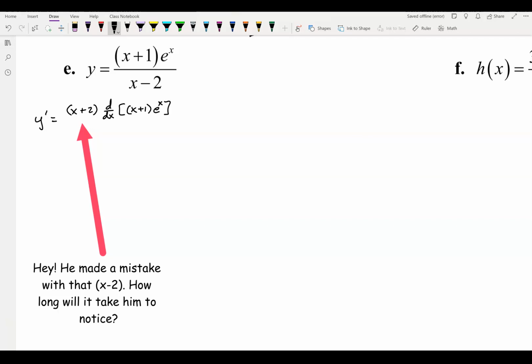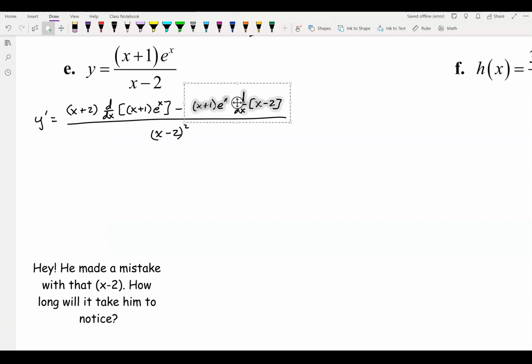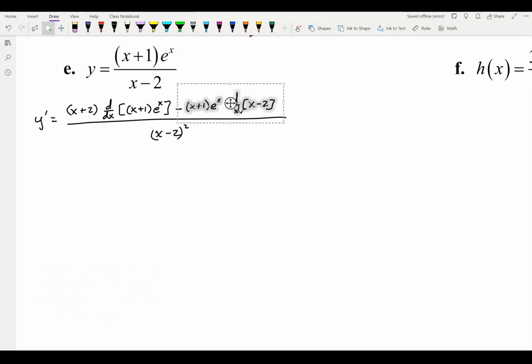The bottom times the derivative of the top minus the top times the derivative of the bottom all over the bottom squared. Okay, so this is a perfect example of why I like to write out the quotient rule without actually taking any of the derivatives, right?